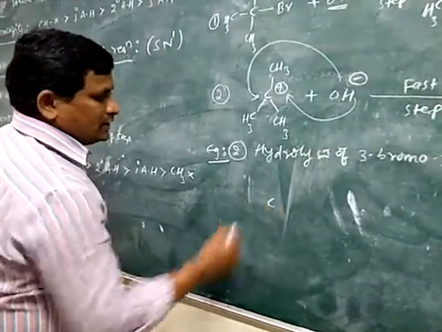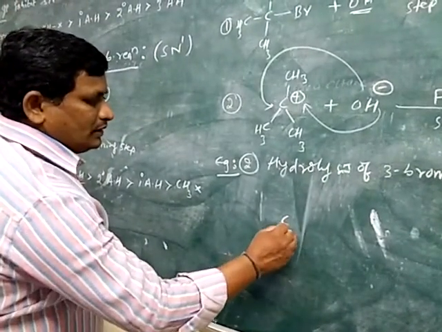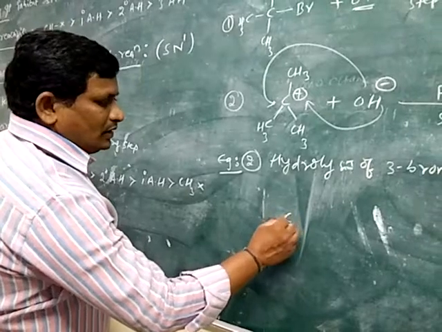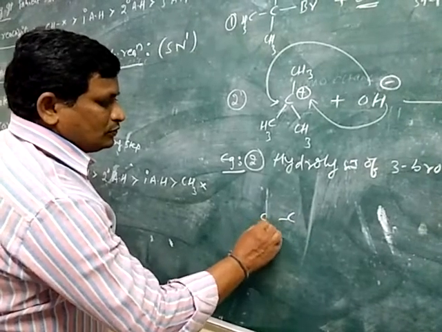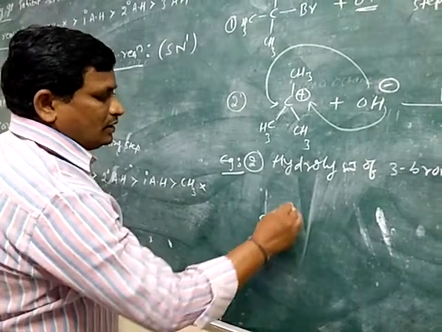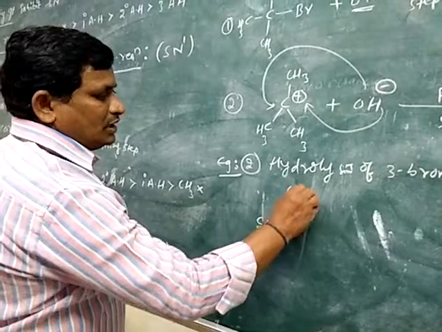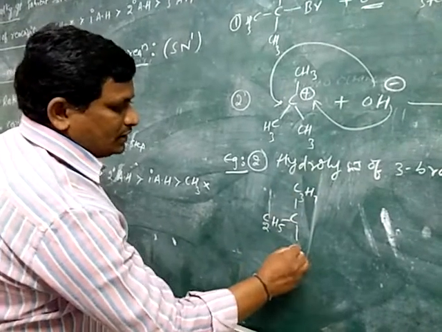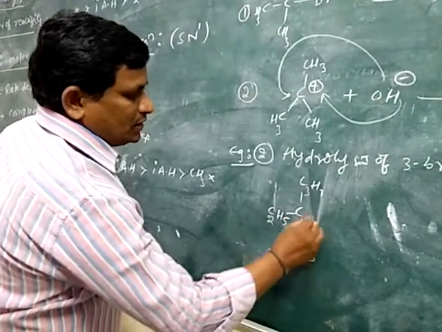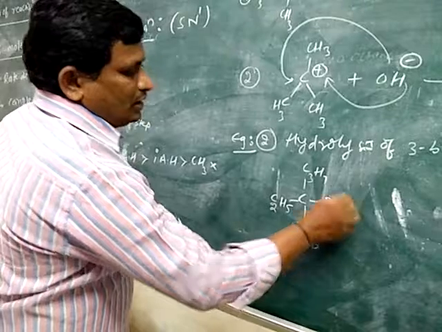So it is C with C2H5, C3H7, CH3, and Br.